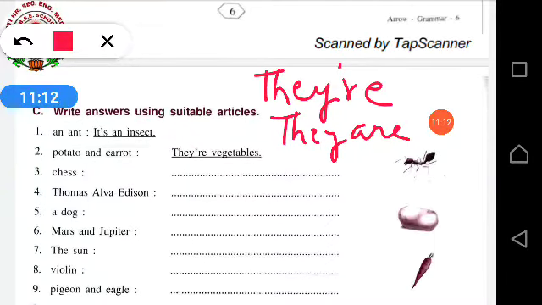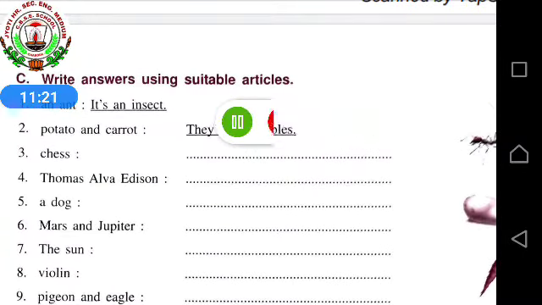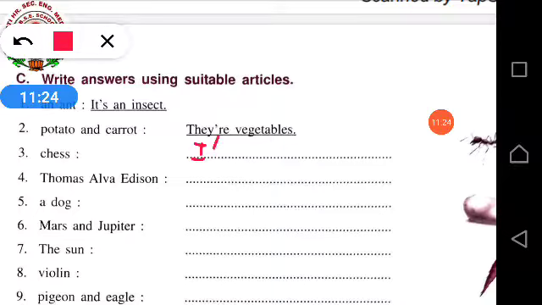Okay. So, chess. What is chess? It's a game. So you will be writing 'it's a game'. Thomas Alva Edison. Who is Thomas Alva Edison? He is a scientist. So you'll be writing 'he is a scientist'.